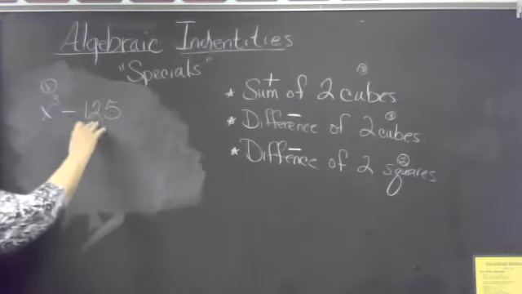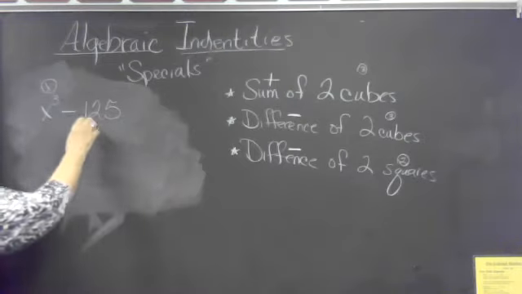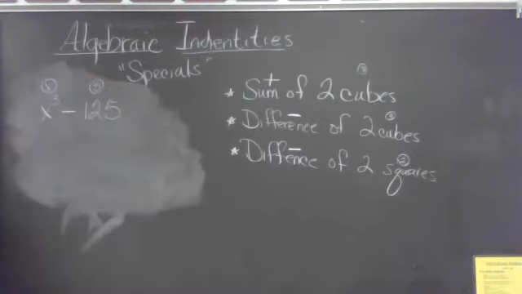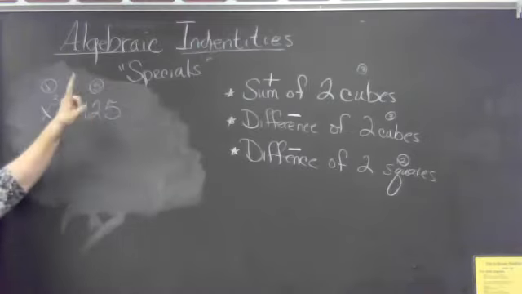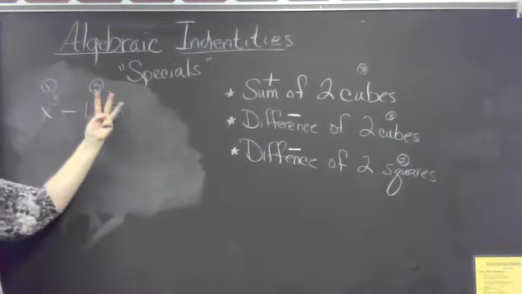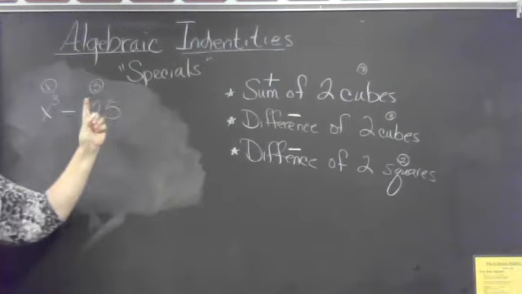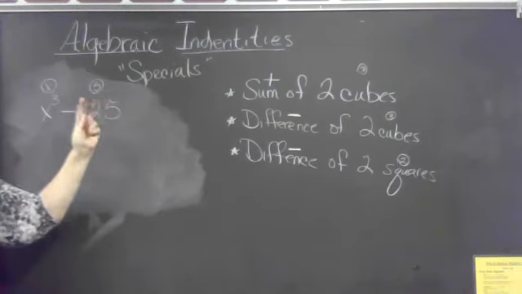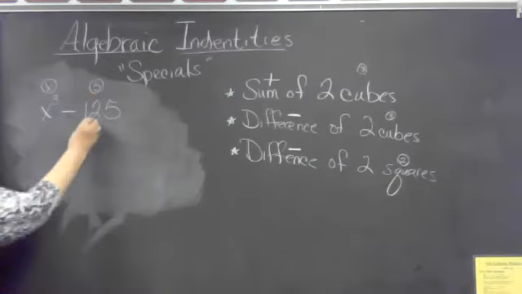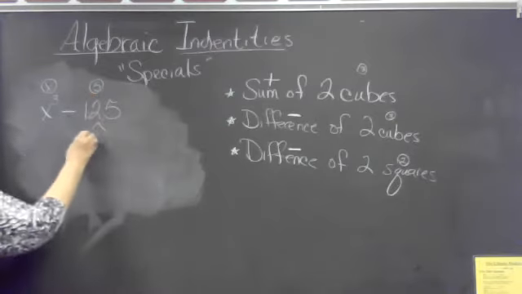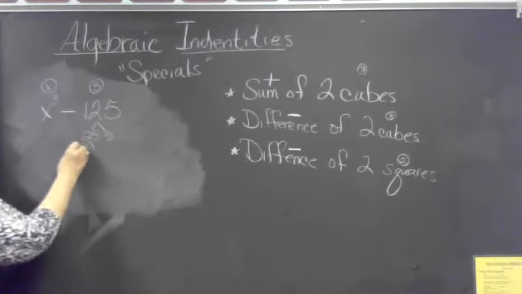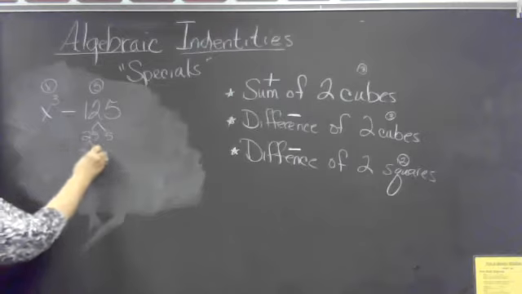And if you use your calculator or have it memorized, the cubed root of 125 is 5, because 5 times 5 times 5. It has to be the number times itself 3 times now. Or you can do it by hand. Remember this? 25 times 5 and 5 times 5.